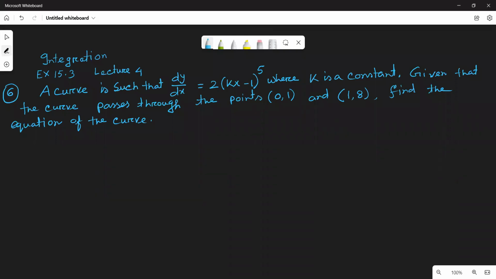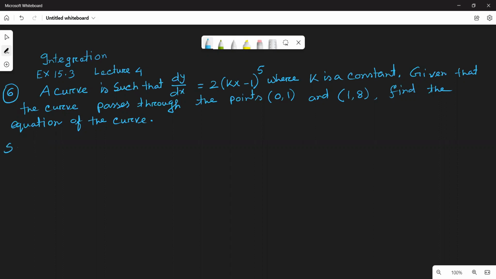Okay. Question number 6. A curve is such that dy/dx equals 2(kx minus 1)^5, where k is a constant. Given that the curve passes through the points (0, 1) and (1, 8), find the equation of the curve.